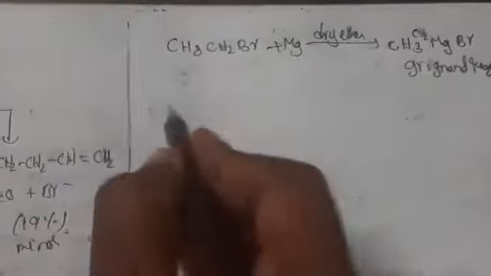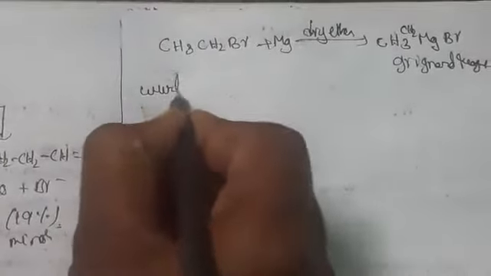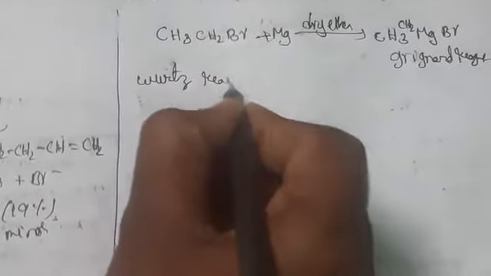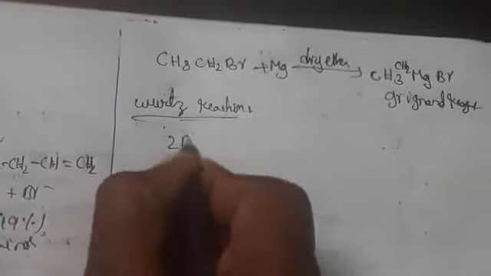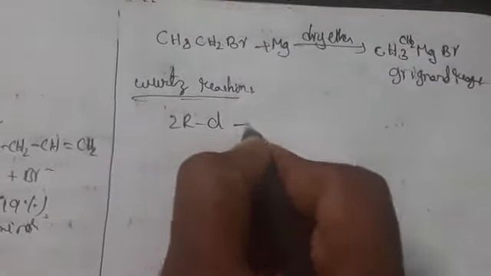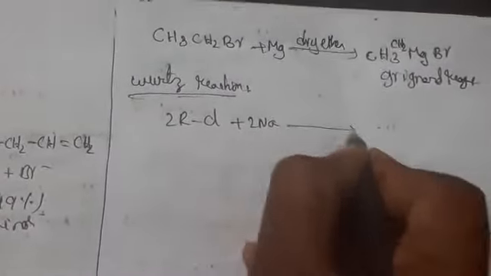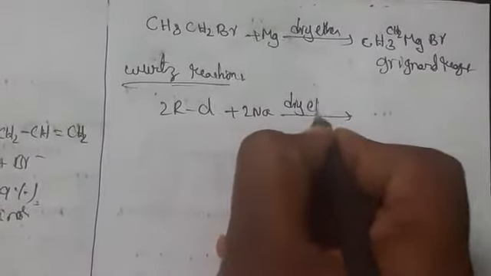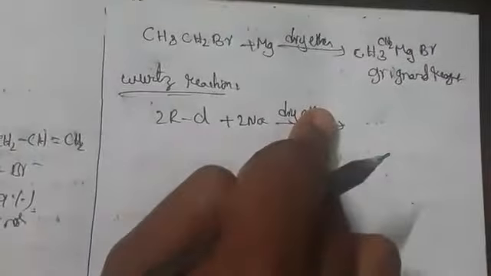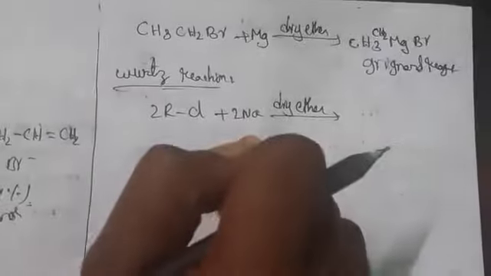In the same way, in the presence of dry ether, we also have the Wurtz reaction. The Wurtz reaction is nothing but: we take 2RCl, an alkyl halide, in the presence of sodium, and here we take dry ether. Here also dry ether, but there we took magnesium and here we take sodium.